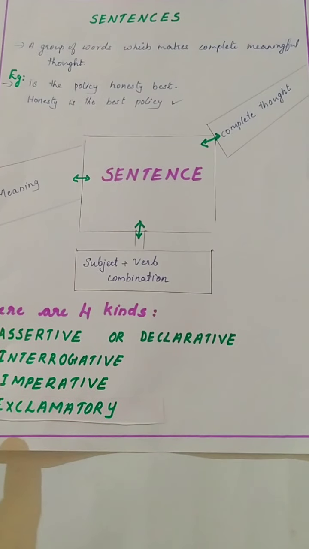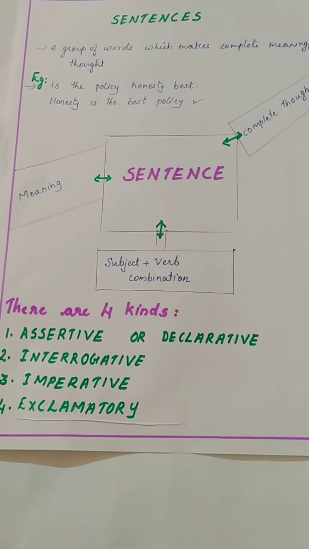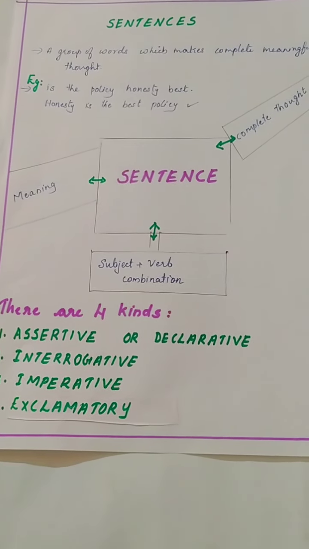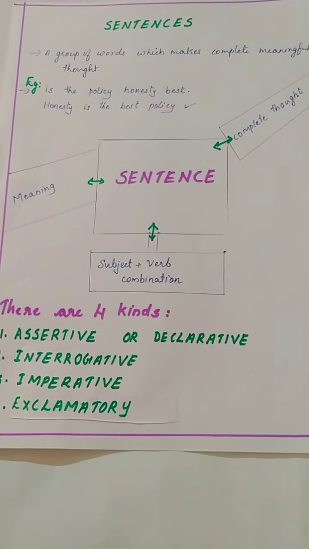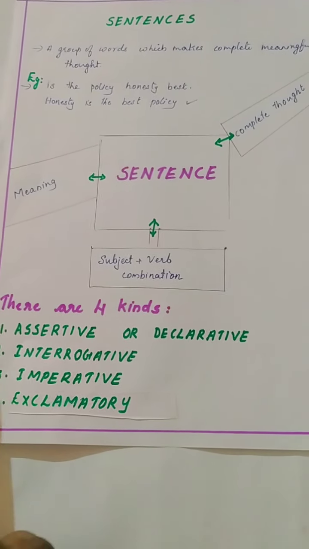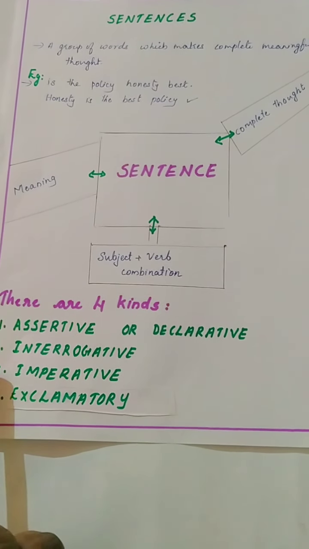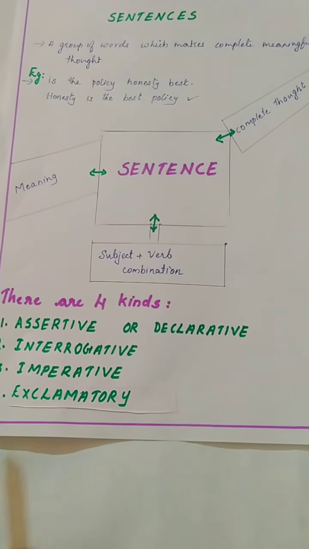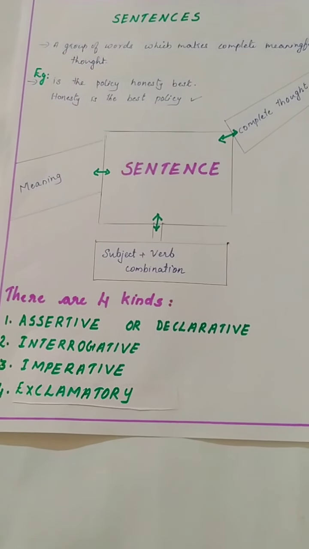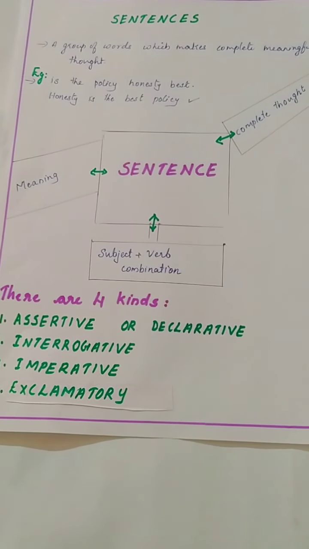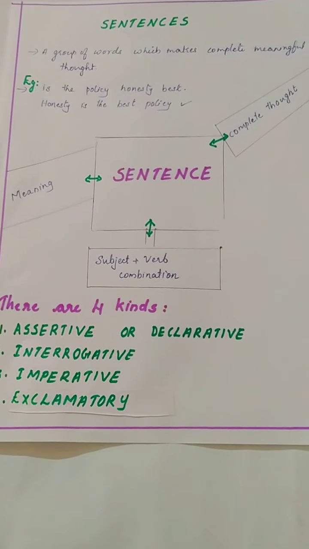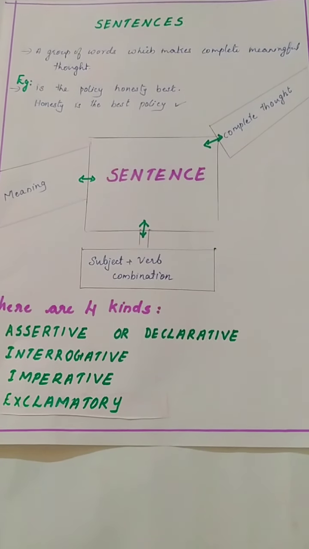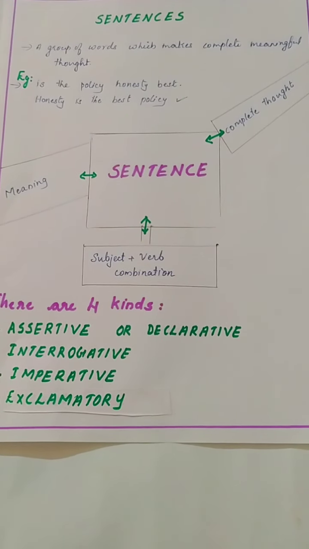A subject plus verb combination should be there, plus meaning should be there. Okay, and only then can we call that group of words a sentence. And there are four kinds of sentence: assertive or declarative, interrogative, imperative, and exclamatory sentences. Students, I hope you have understood all these sentences, and you have to learn these sentences well. Thank you.